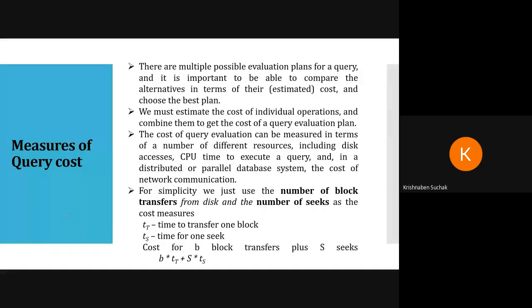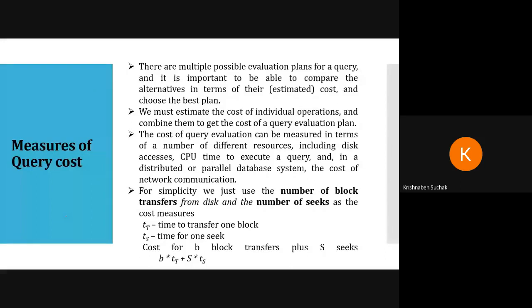If you again locate the data where it can be executed, that is a second seek. So here we consider the number of block transfers as well as the number of seeks, that is, how many seeks are needed to locate the data.